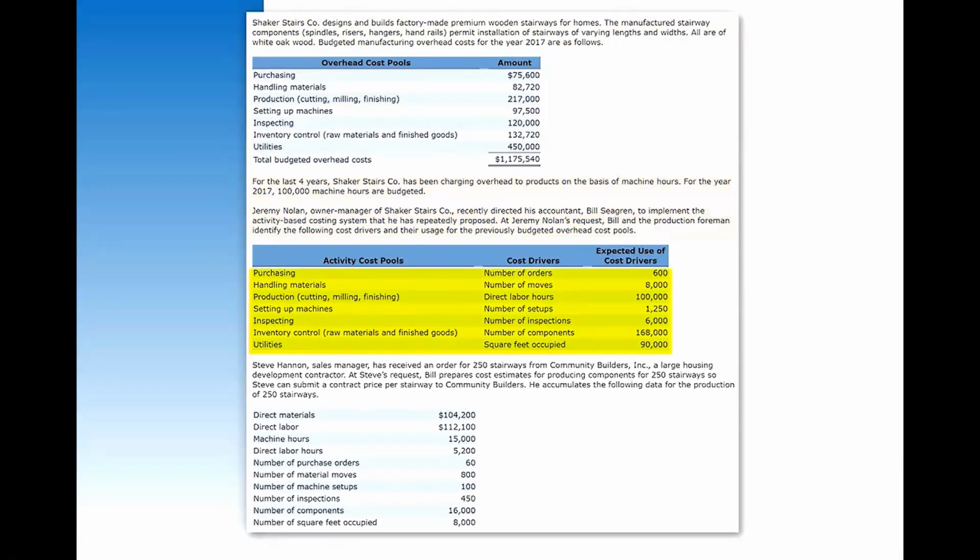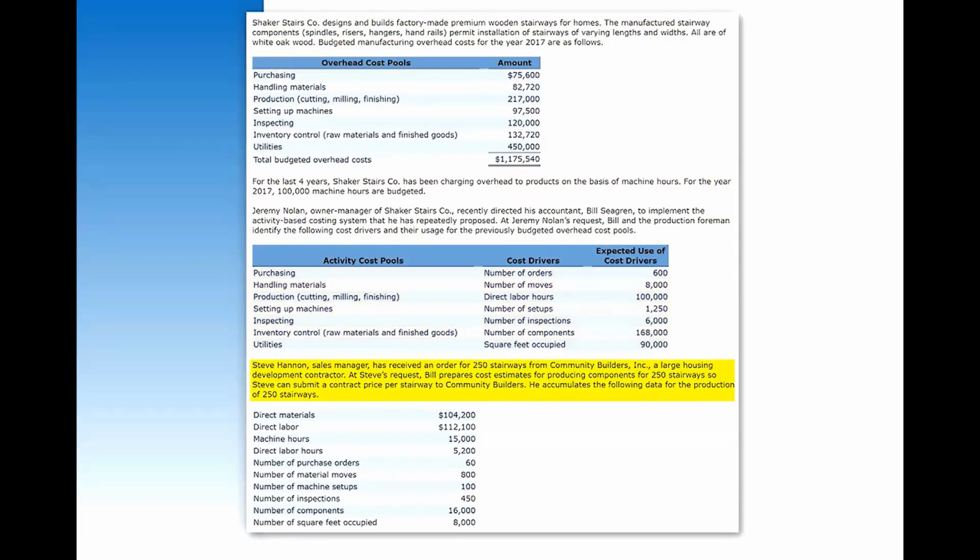So again, in the top box, we're told the total amount of overhead costs that was allocated to each pool, and then related to those pools, we're told the cost driver for the pool and the expected use of cost drivers. So for example, the purchasing pool has $75,600 allocated to it. We're to use the number of purchase orders as the cost driver, and the total annual expected use of that driver, the total number of purchase orders, is expected to be 600.